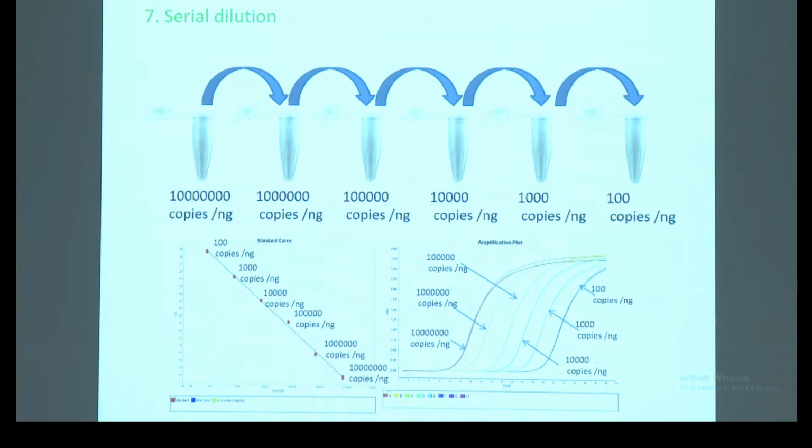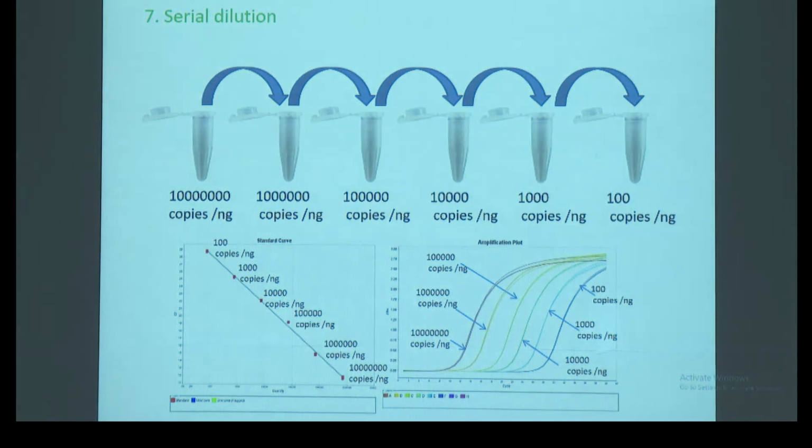I have to dilute it 10-fold serially, maybe up to 10 की power 2 copies or 1 copy. So 10-fold serial dilution से हम लोग क्या कर सकते हैं? Now in each tube I know what is the concentration of the DNA. Now you know it exactly, right?